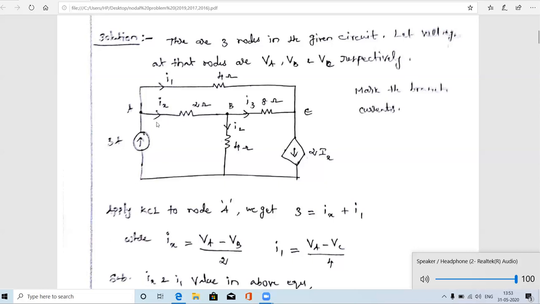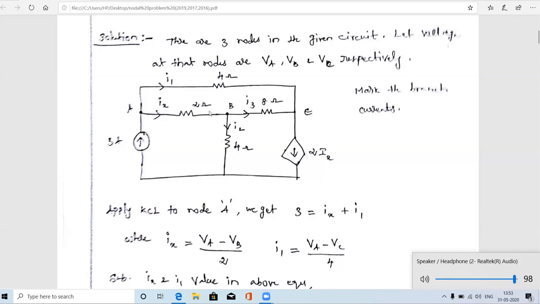At the starting point of the current, we are considering the voltage at node A as VA. Similarly, the voltage at the ending point of this 2 ohm resistor is VB. So the current Ix can be written as VA minus VB divided by the resistance value 2. So Ix equals VA minus VB divided by 2.